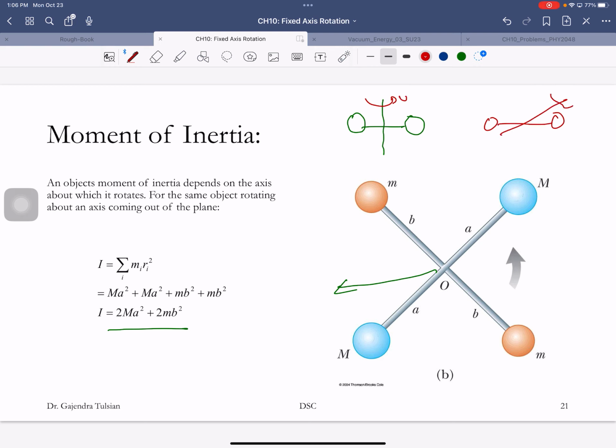Let's say this is the y-axis, this is the x-axis, but a rotation about this axis is not possible. So for all these diatomic molecules in this room, which are nitrogen and oxygen, they can rotate about that axis and that axis. They have 2 degrees of freedom, and you'll learn about this later.